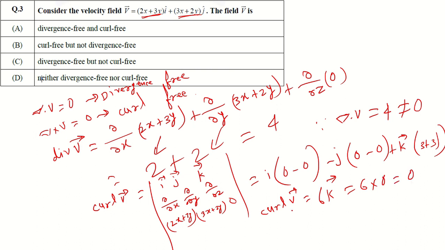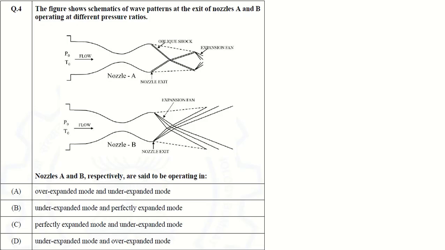So it is curl free, because we got 0. So according to this, we have curl free but not divergence free. That is B is the right option.